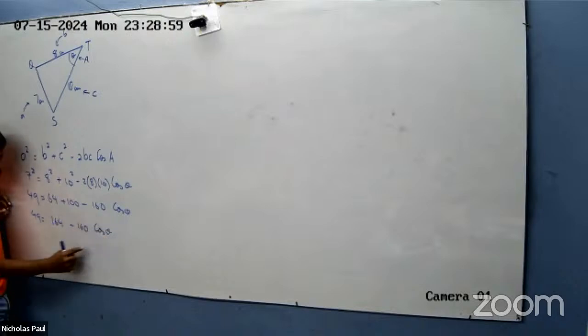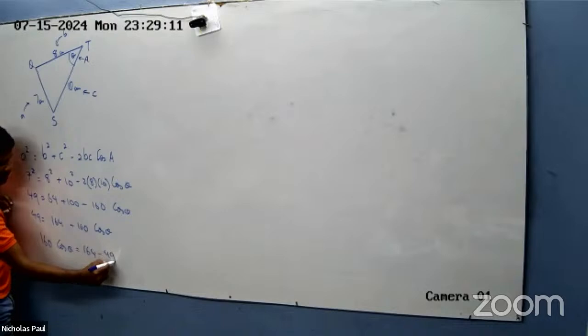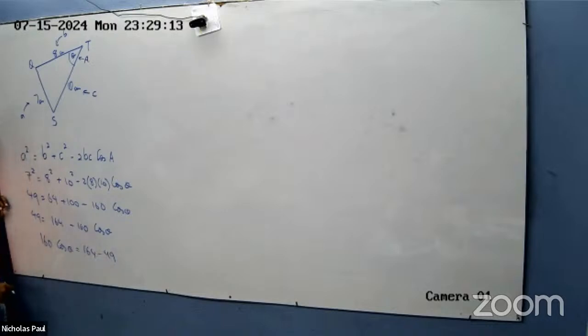So I'm going to move minus 160 cosine theta to the left side, and I'm going to move 49 to the other side. And now minus that and then solve for theta. 164 minus 49 is how much? 115.